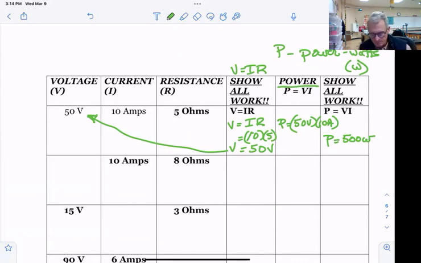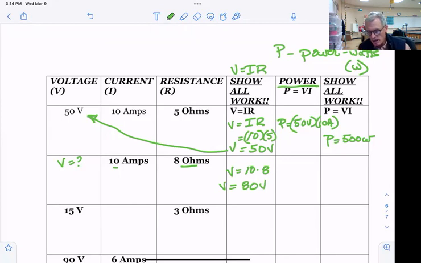Let's do one more. Let's do the second one. I've got amps and I've got ohms, and I need to find the voltage. So the voltage is equal to IR. That's 10 times 8, and that's going to be equal to 80 volts.